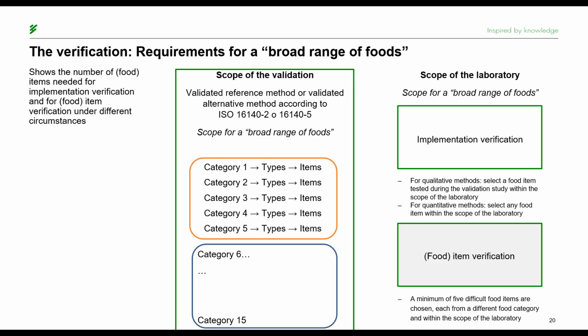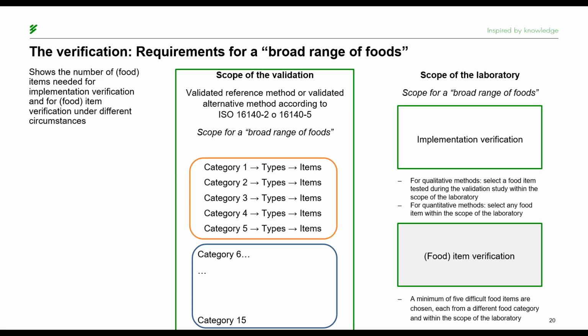So now, we will look in more detail at different laboratory scope scenarios, like I mentioned, for the verification, starting with a broad range of foods. Here we have a scheme of the number of items required for both verifications. In this case, for the implementation verification and for the food verification.